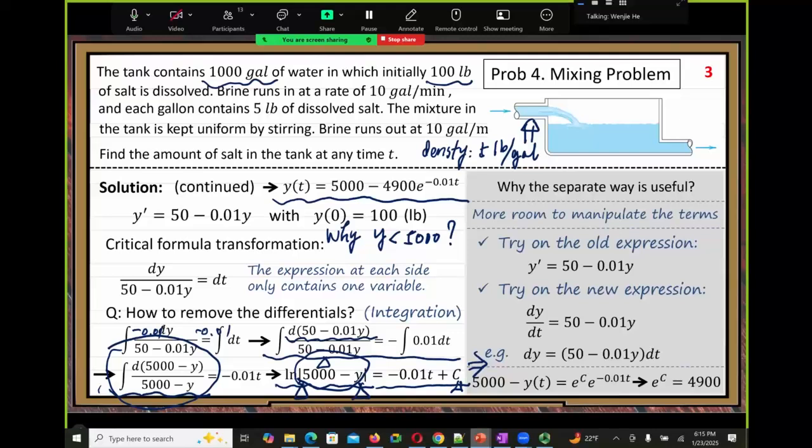That's the initial density, right? So in this tank, the initial density, 1 over 10, let's write 0.1 pound per gallon. You can see the density of these two places is quite different. The outside brine is very dense, much more dense than the inside brine.